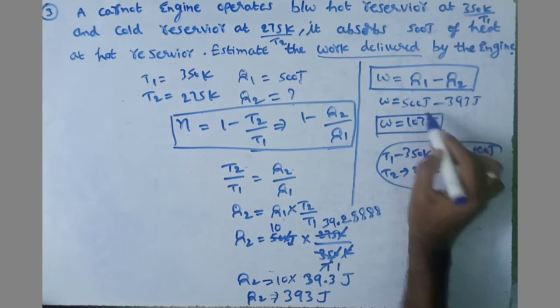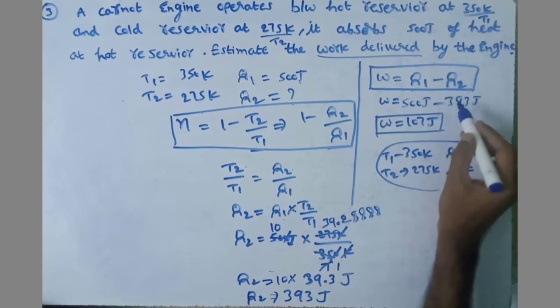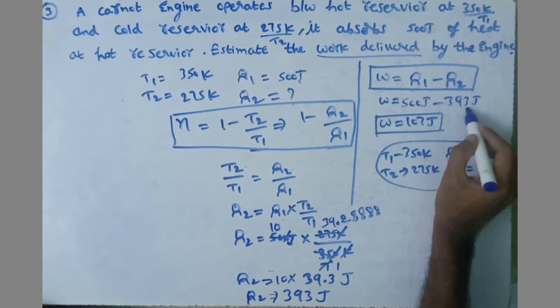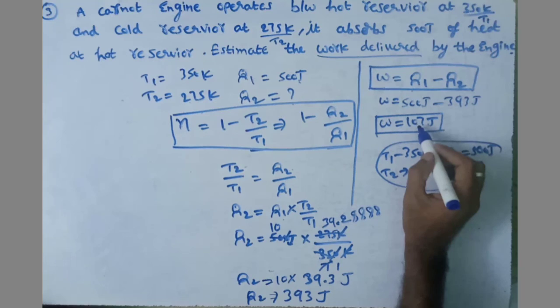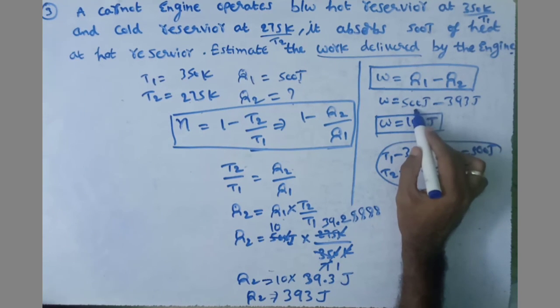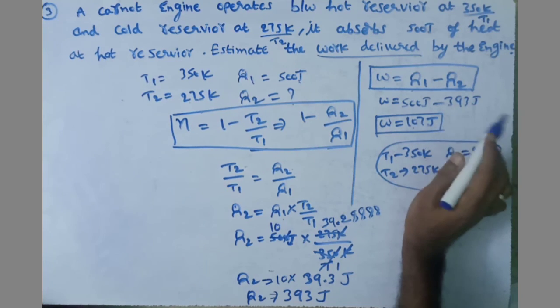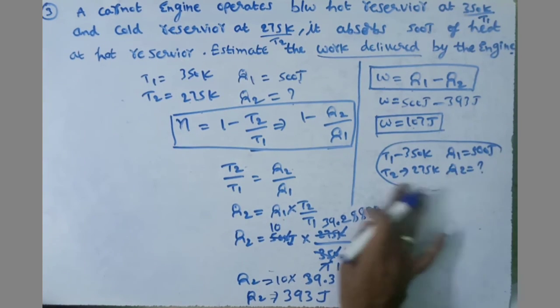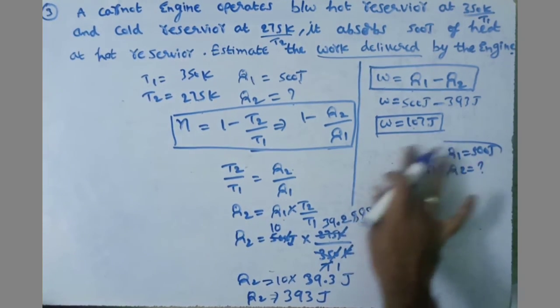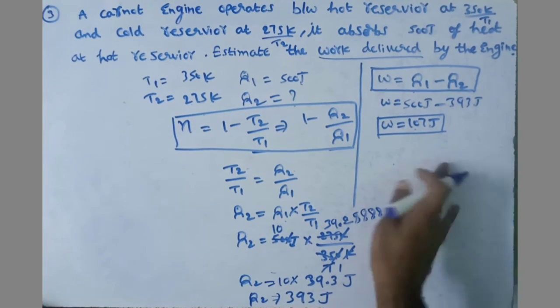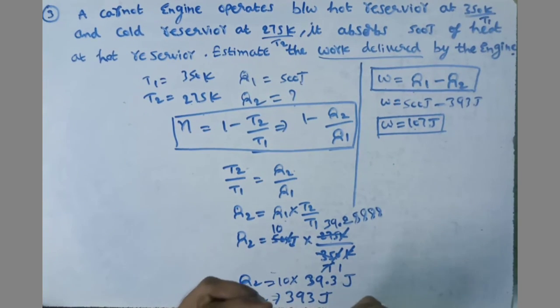It absorbed 500 joules at temperature T1 and ejected 393 joules, and when we subtract 500 minus 393, the remaining 107 is converted into work done. This is also one of the important problems for 5 marks. Next we will continue with another problem.